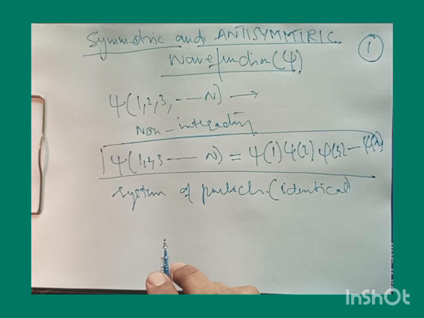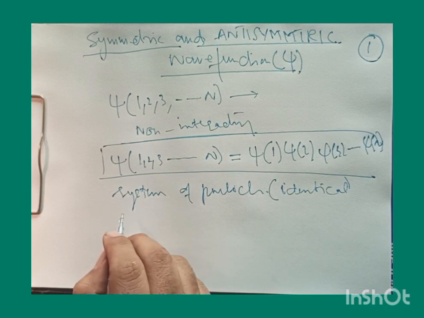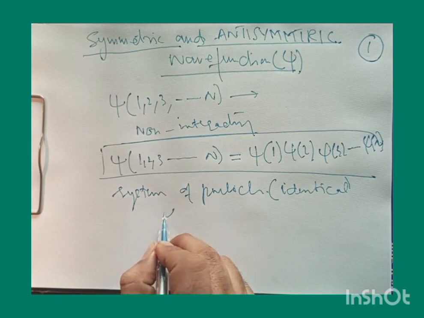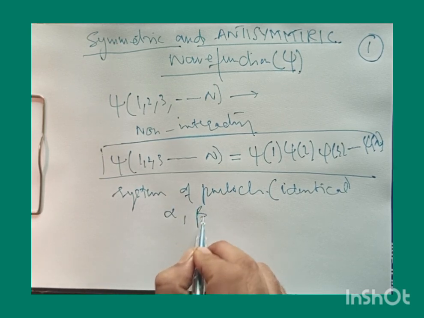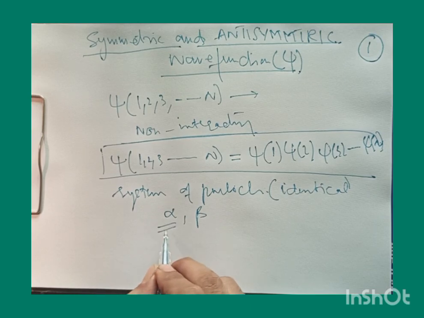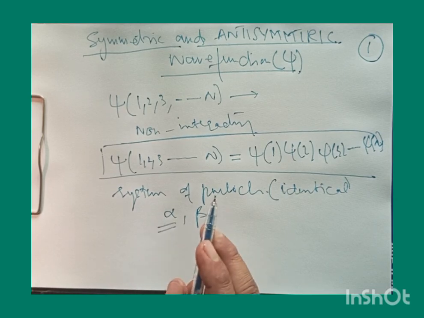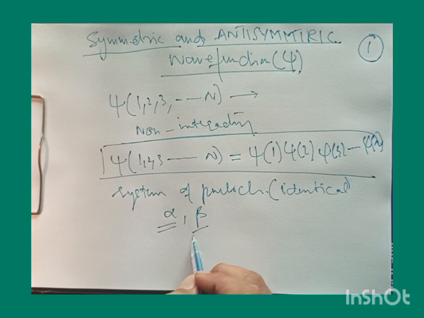Let us suppose that one of the particles is in quantum state alpha, and the other particle is in the quantum state beta. So alpha is the quantum state for one particle, and beta is the quantum state for the other particle.